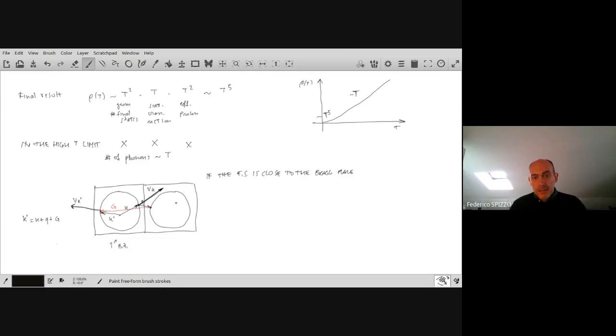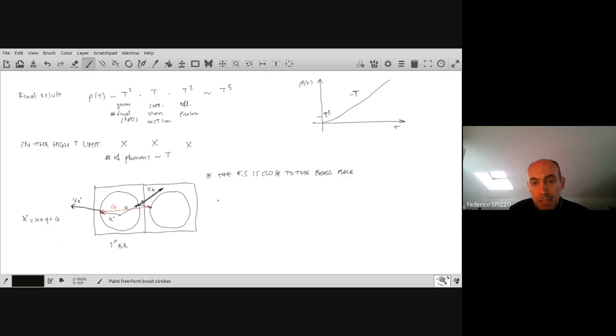So in this case, the 1 minus cos theta contribution is not zero or close to zero, because even if q is small, the capability of this kind of process to change the velocity of the electron is very, very large, it's quite pronounced.